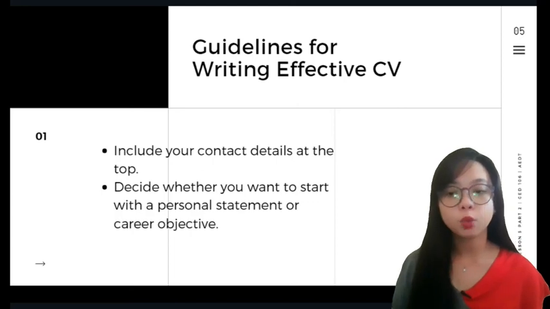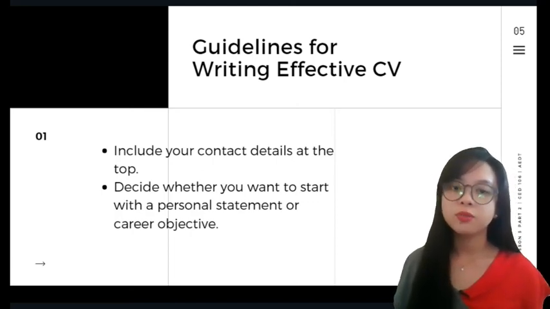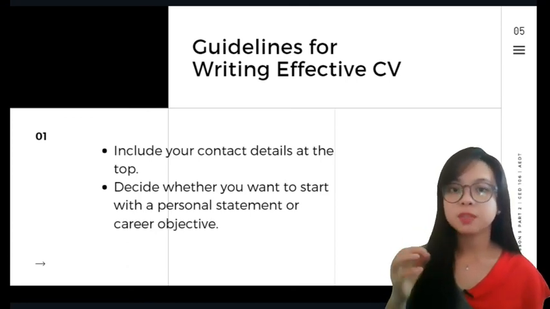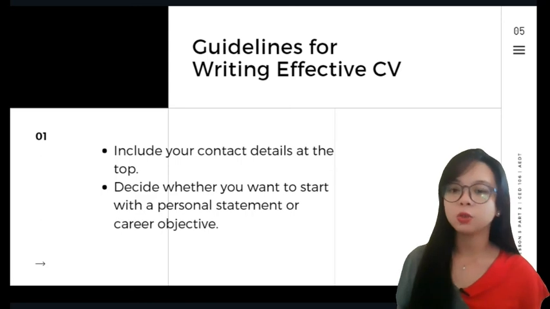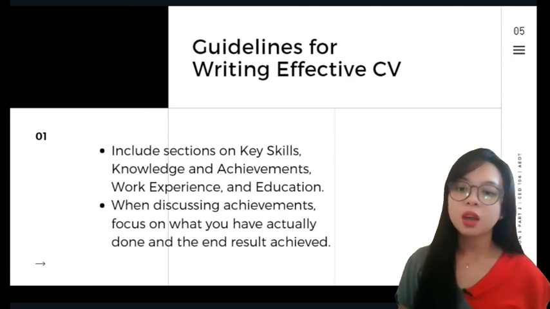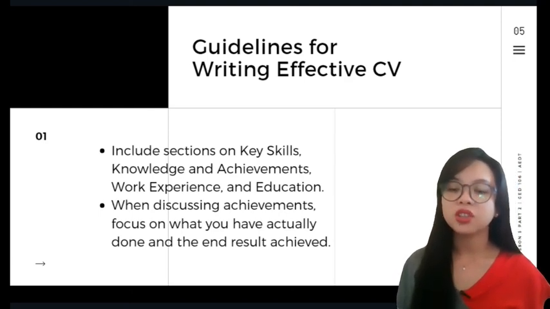Also, you decide whether you want to start with a personal statement or a career objective. So what is your objective in applying for that specific company you are applying to? Also, include the sections on key skills, knowledge and achievements, work experience, and education. When you are discussing your achievements, focus on what you have actually done and the end result achieved.